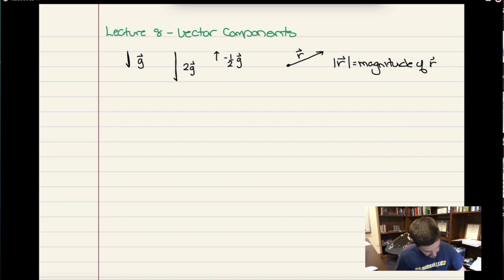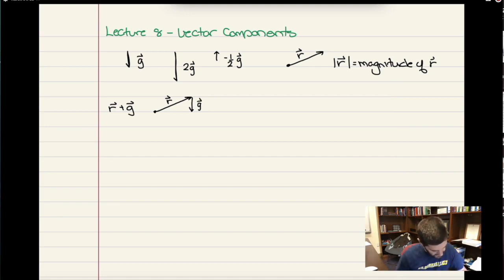To further review, we also learned how to add vectors together. Geometrically, adding vectors together is nothing more than drawing out the first vector. So if I use the 2 examples I've already written on the page, that might represent r. And then at the tip of r, I place the base of the next vector g. So then I might draw g to go down like this.